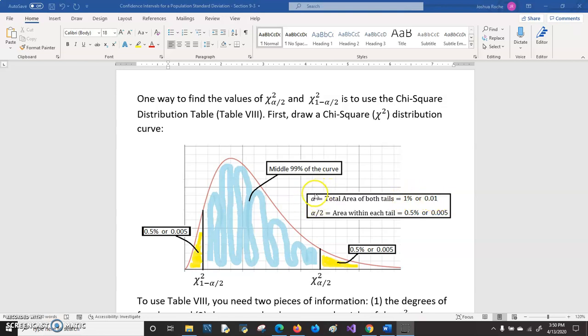Remember that alpha represents the area of both of those tails. And in each tail, it's going to be half of that 1%. So alpha over 2, in other words, the area within each tail, is 0.5%, or 0.005.